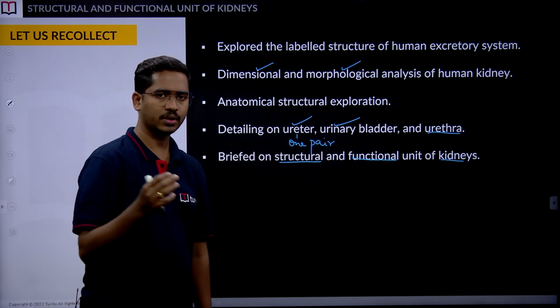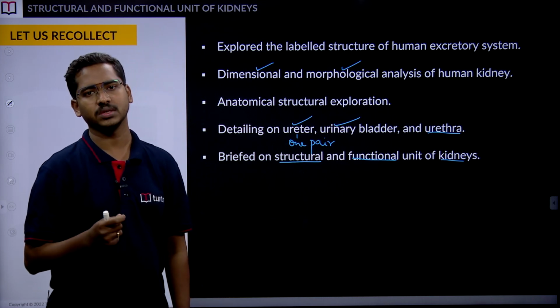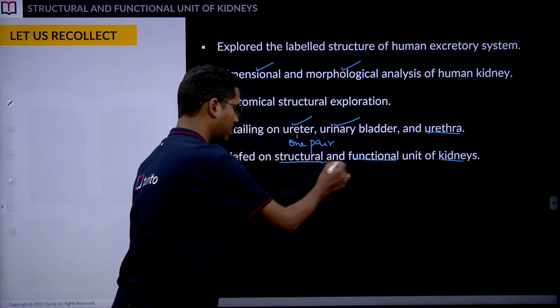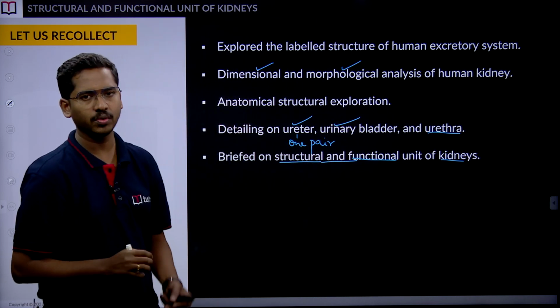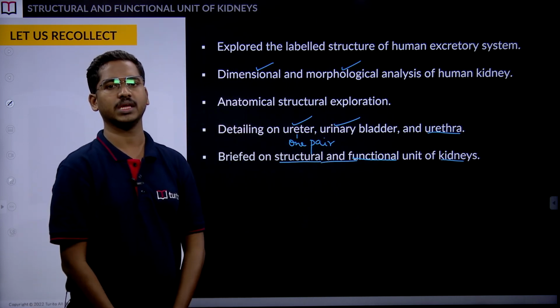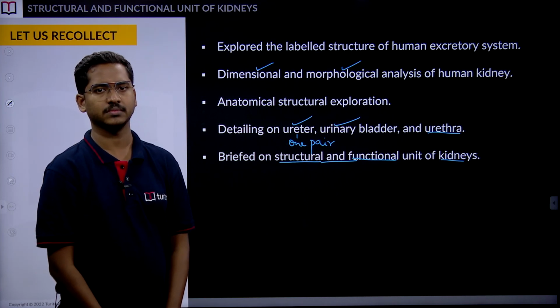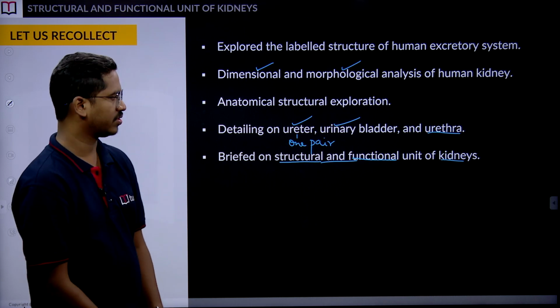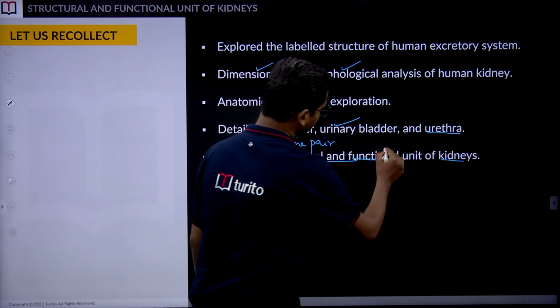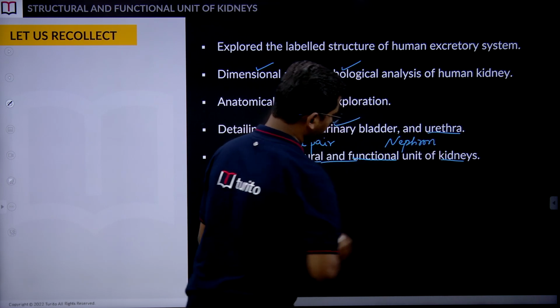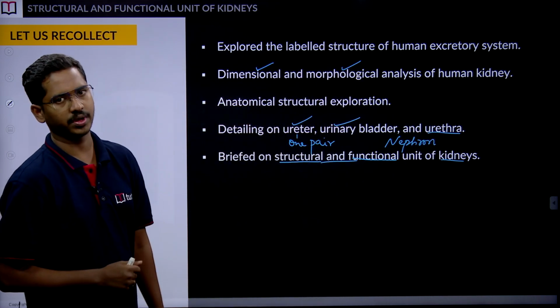If any one of you remember, can you give me a name? There is a single name for the structural and functional unit of the kidney. What do you call it? Correct, it is quite simple. As you have stated here, it is nephron.